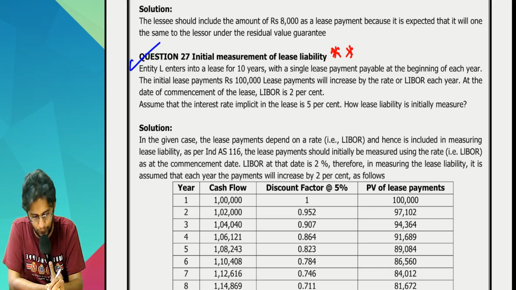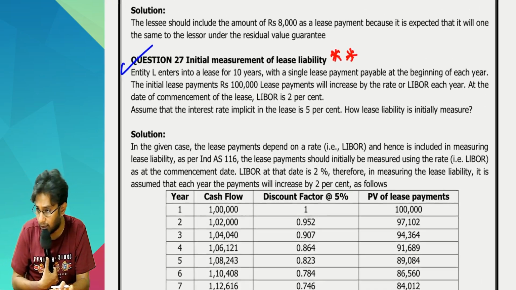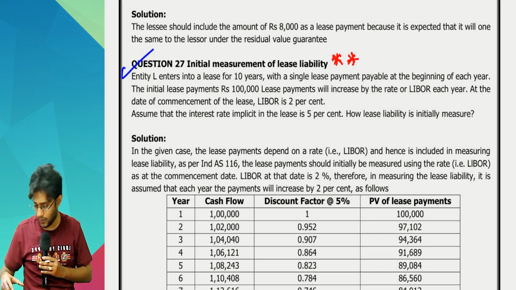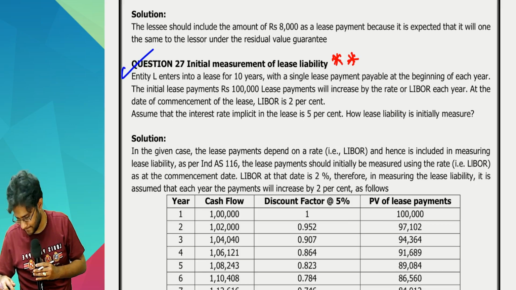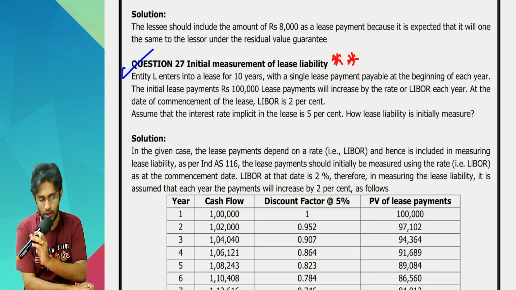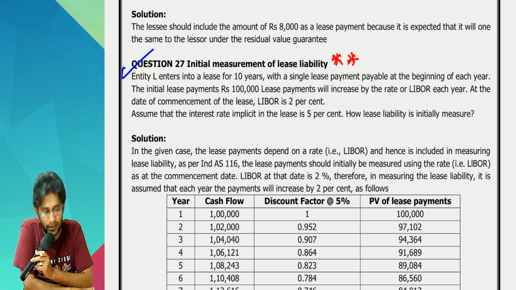This question will help you to understand the concept of variable lease payments in a much better way. Entity L enters into a lease for 10 years with a single lease payment at the beginning of each year.